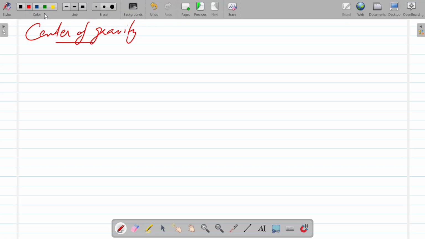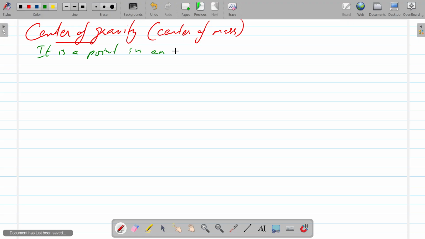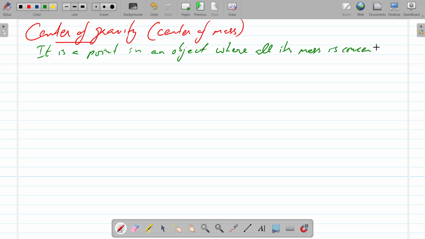Center of gravity, also sometimes called center of mass, is a point in an object where all of its mass is concentrated, or it seems to act through that point, all the mass.